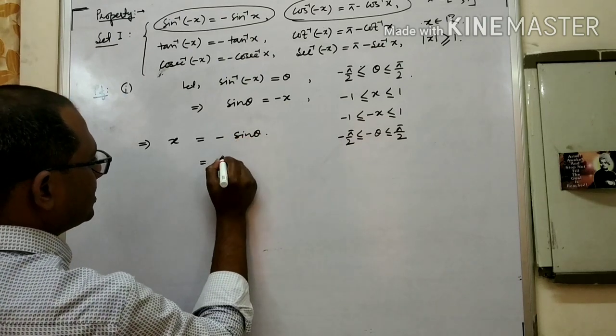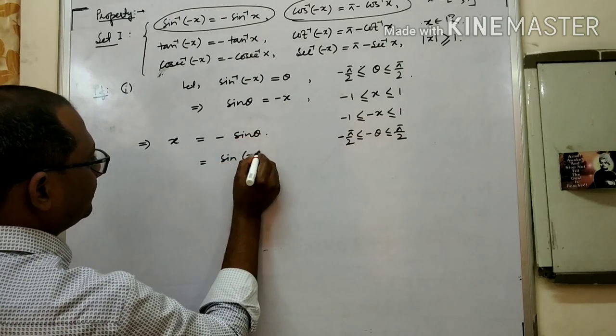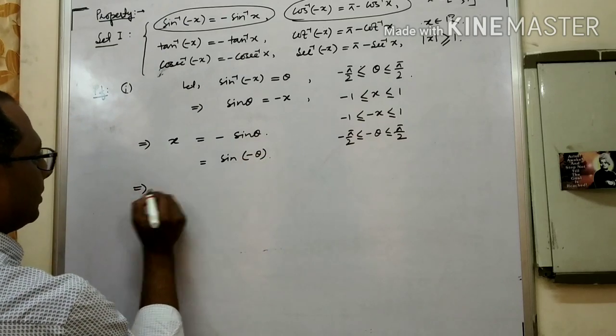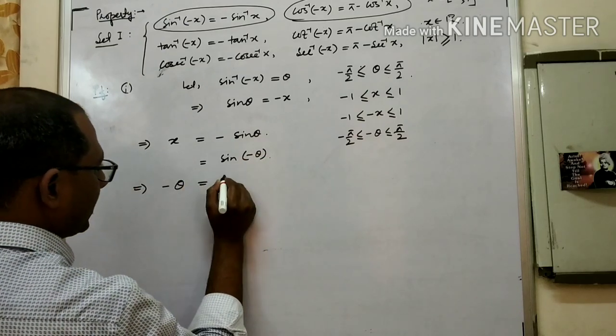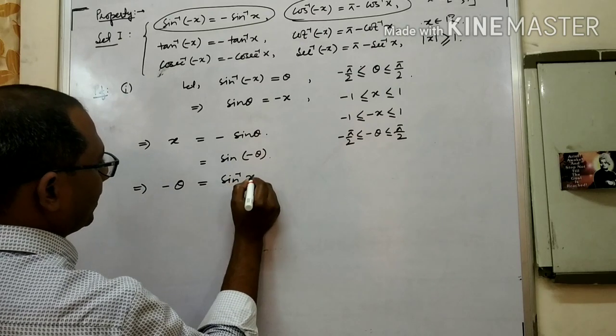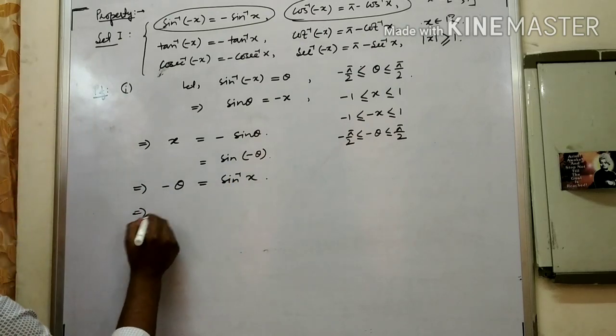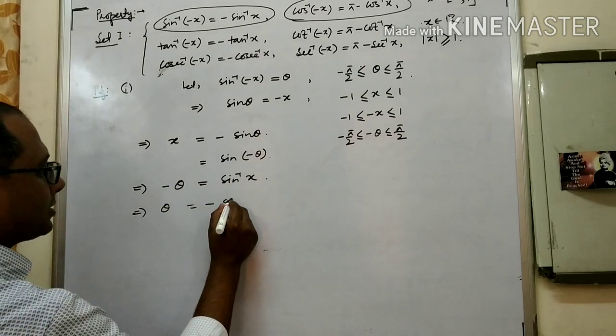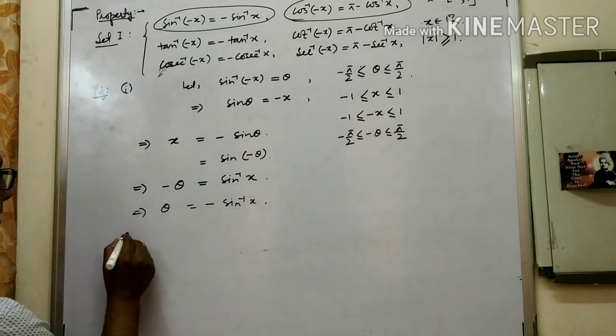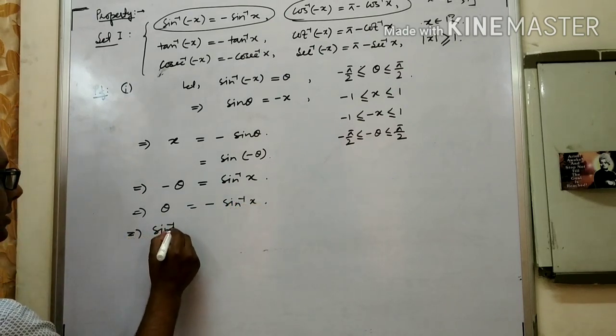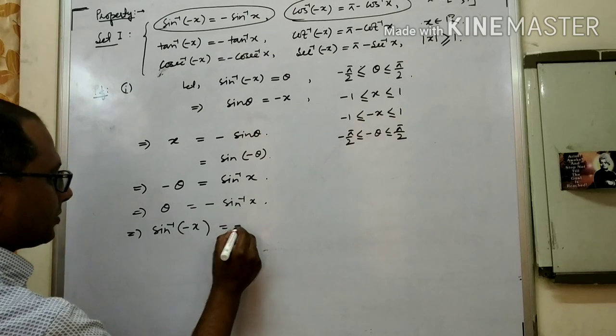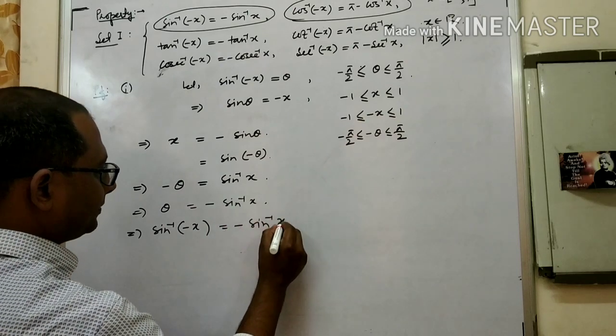It can be written as sine of minus theta. So minus theta will be equal to sine inverse of x. So theta will be equal to minus sine inverse of x. So theta was sine inverse of minus x, so it is minus sine inverse of x.